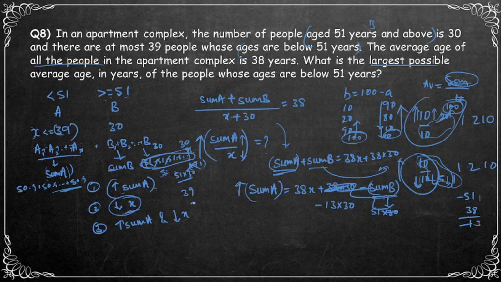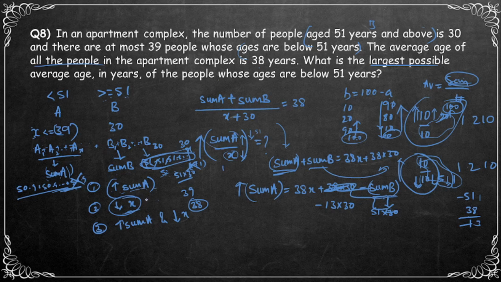If we take 38, that means one member cancels, and a large number, 50.9, is being removed from sum A. That means if we decrement x by 1, sum A also decrements by 51.